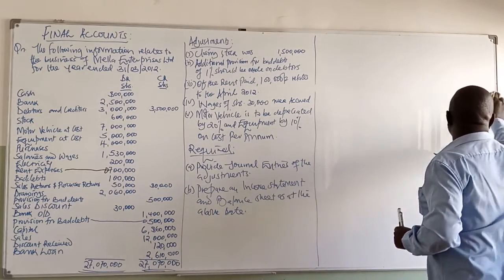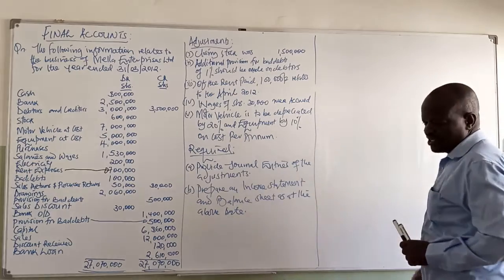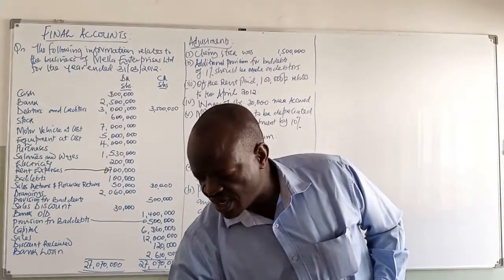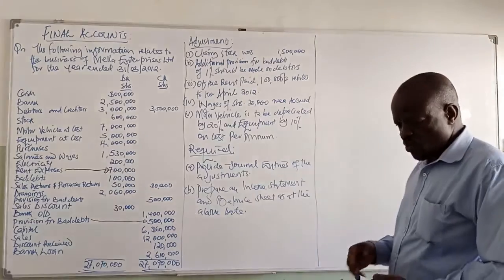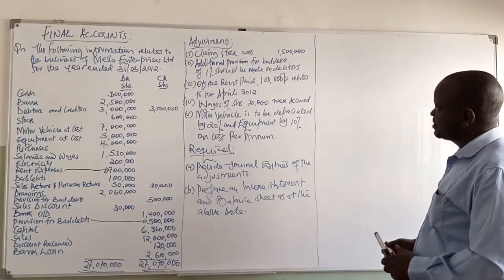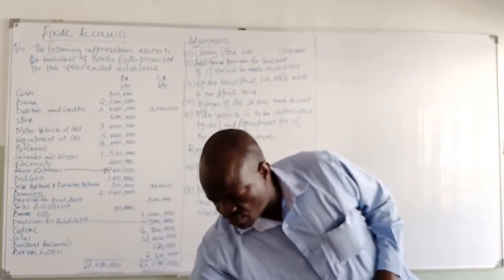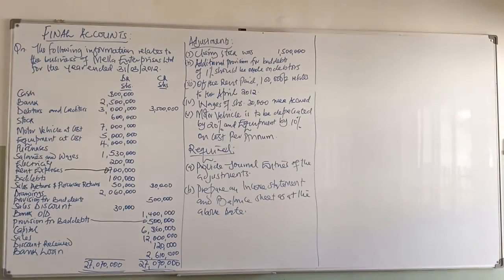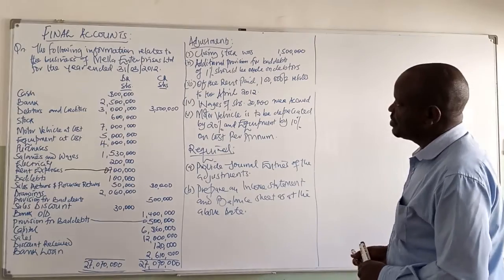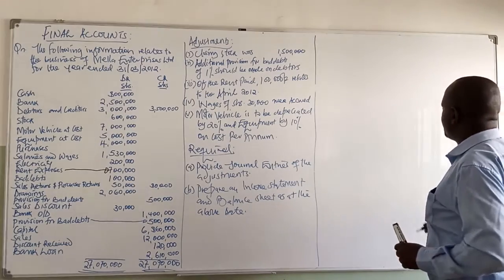for that statement. So one thing is that we have to ensure that we write the name of the business. In this case, the name of the business is called Mela Enterprises Limited.